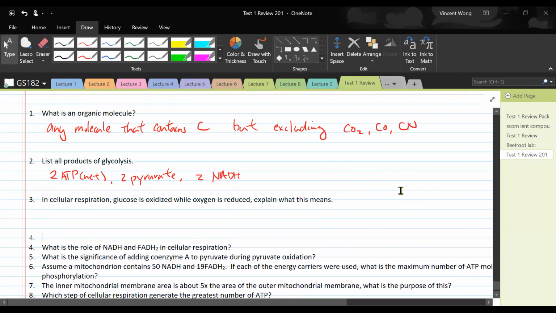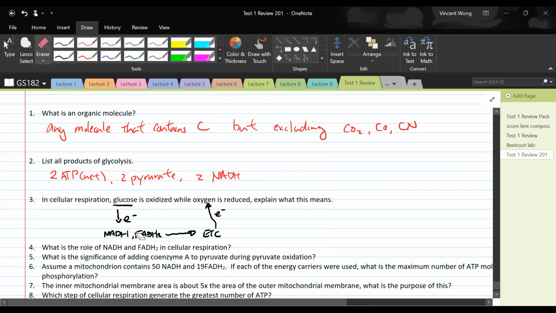In cellular respiration, glucose is oxidized while oxygen is reduced. Explain what this means. We know by now that glucose gives off electrons. That's called oxidation. And then you have the NADH and FADH2 that will take those electrons to the ETC. They drop them off at the ETC, and then the electrons get passed down the ETC, and ultimately at the end we have the oxygen.